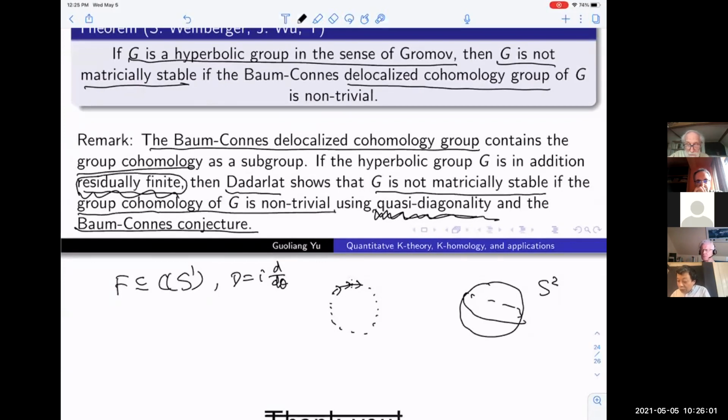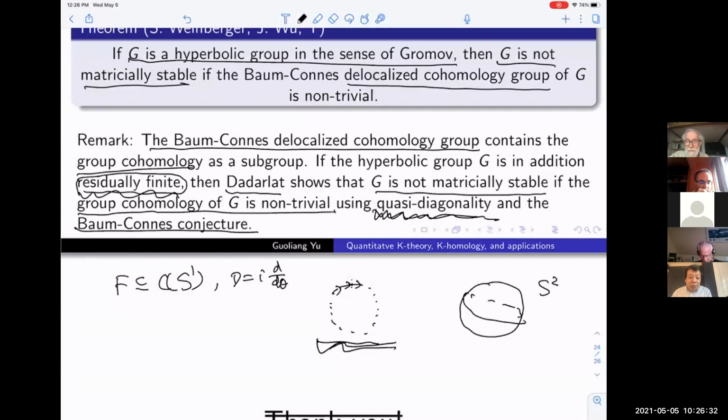Using this language, the assembly map is probably compatible with Johan's approach, but it can be described in a very simple way. Because this element, say if this is on the classifying space, if you lift this to the universal cover, it is already in the K-theory of the group algebra.